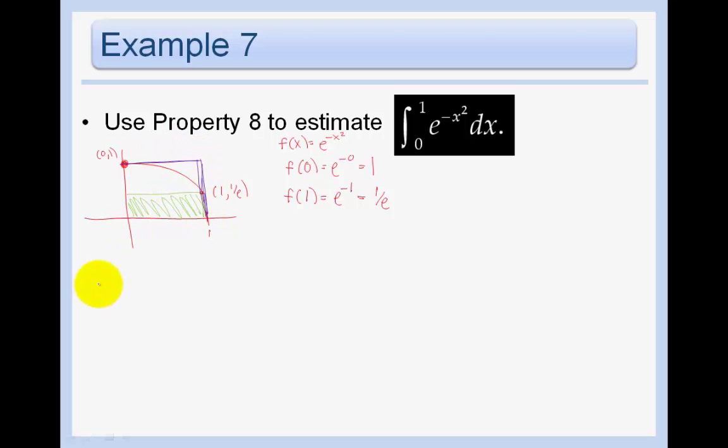And so the area of the big one, let's call that big M since that's the notation from the last one, was just the width times the height. The area of this small one here is the width times the height, and the height of this is just 1 over e.